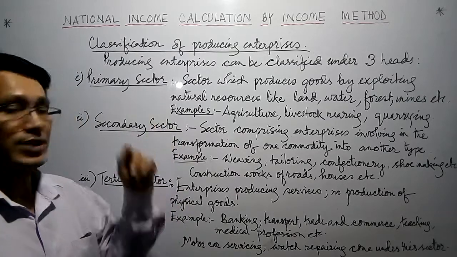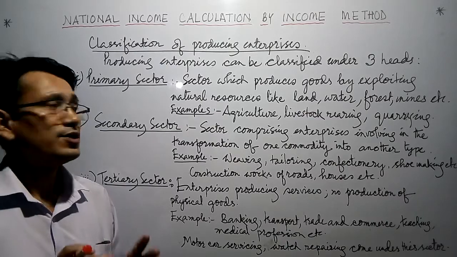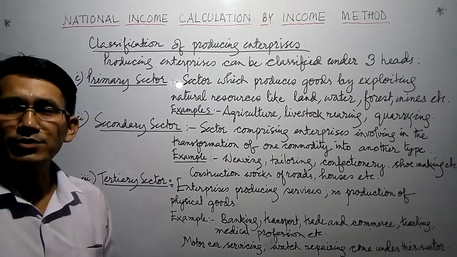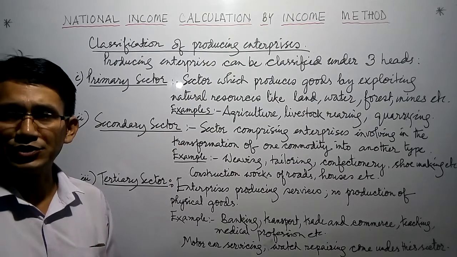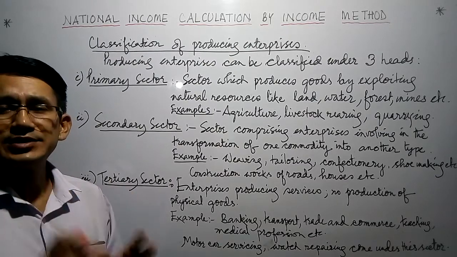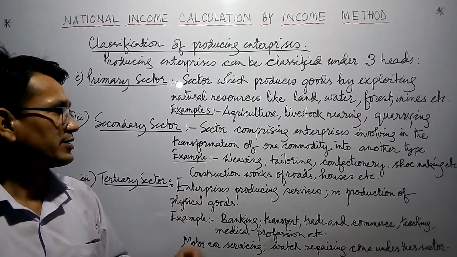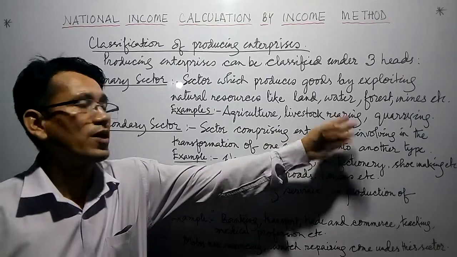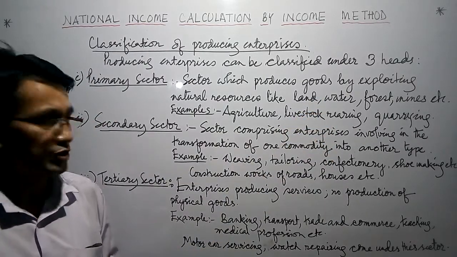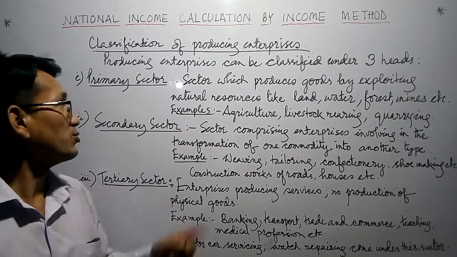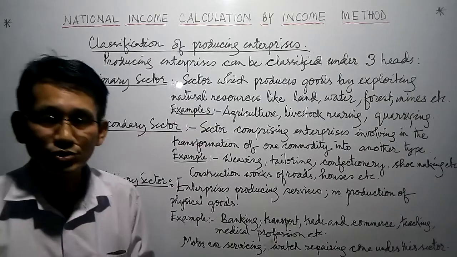The primary sector produces goods by using natural resources like land, water, forest, mines, etc. This sector includes agriculture, livestock rearing, stone quarrying, sand quarrying, etc. Mining is also included in the primary sector because it is just extracting natural resources.